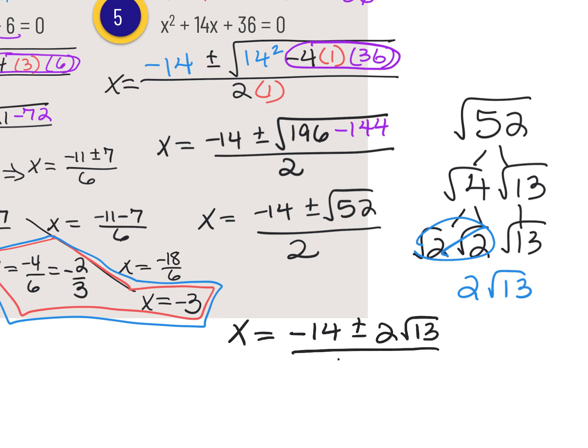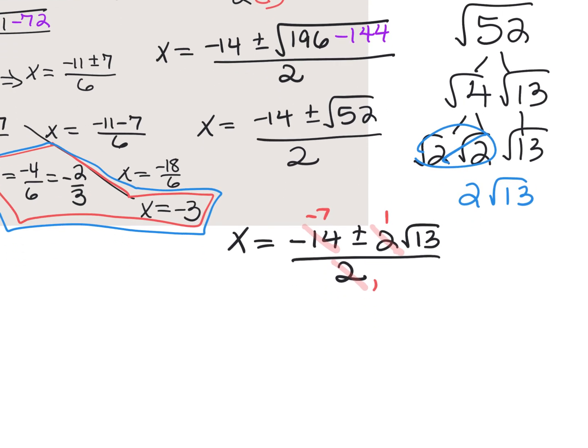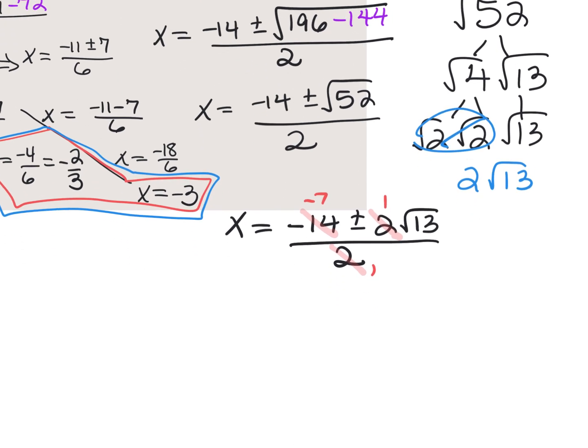You will need to leave your radicals simplified and your fractions simplified. So here I can divide 14 by 2, 2 by 2, and 2 by 2. So this is going to leave me negative 7 here, positive 1 here. So now my final answer in simplest form is negative 7 plus or minus the square root of 13.